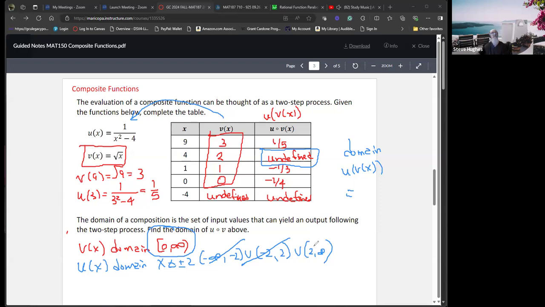Everybody see that? So I cannot include 2 in that domain. We saw that it makes it undefined. So my domain is from 0, not including 2, union with 2 to infinity. You see how I have to pull that 2 out of there because it can't go into u. U cannot handle that value.